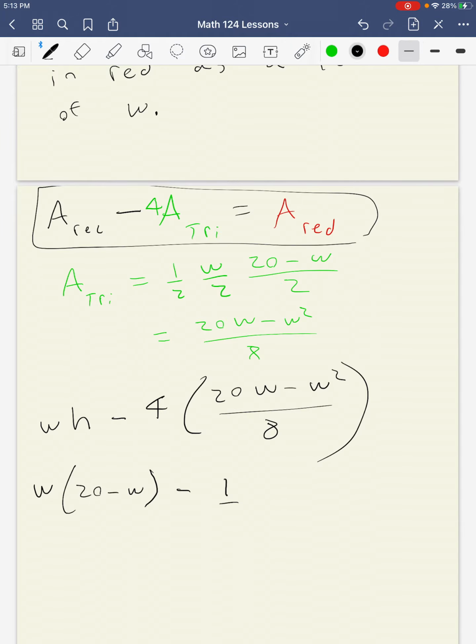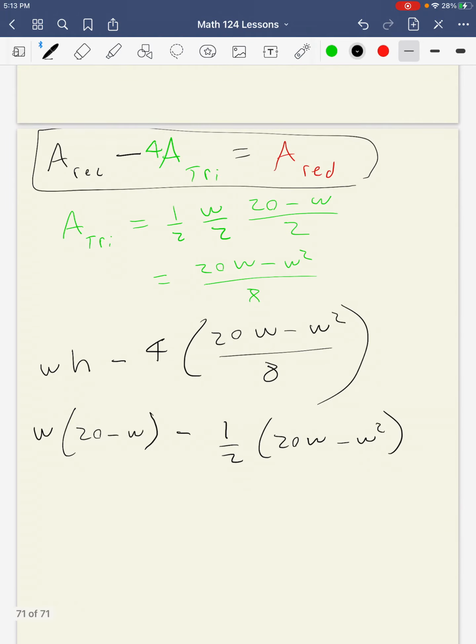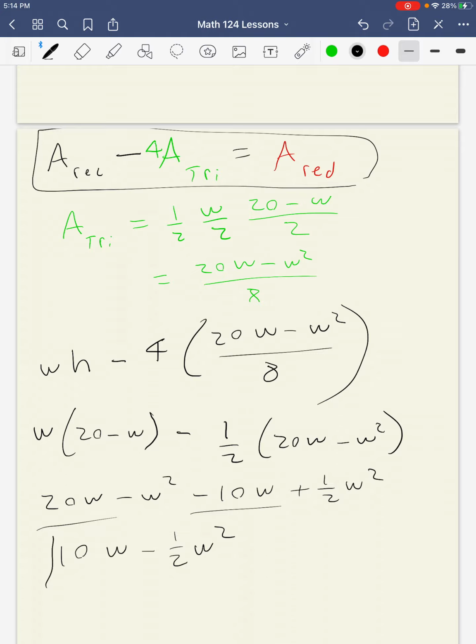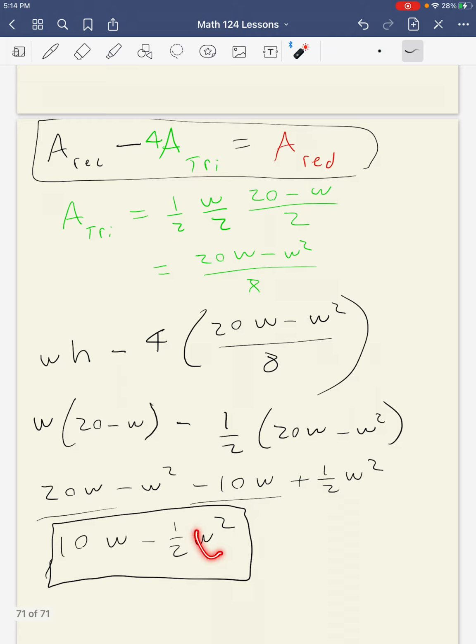Now we do minus. So I forgot to write that W last time, sorry about that. So I'll just hurry and clean this up. We have 20W minus W squared minus 10W plus 1/2 W squared. We'll combine the like terms. 10W minus 1/2 W squared. That is the area in red, and it is a function of W because it's a formula with W's in it.